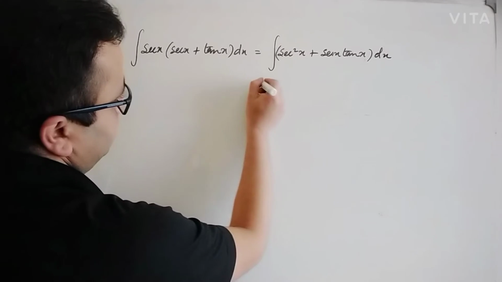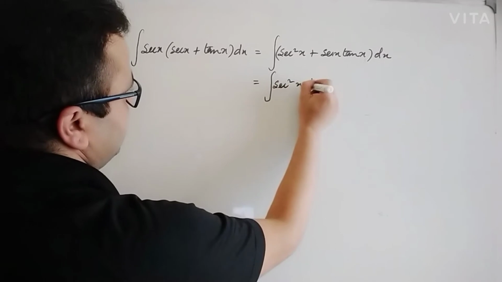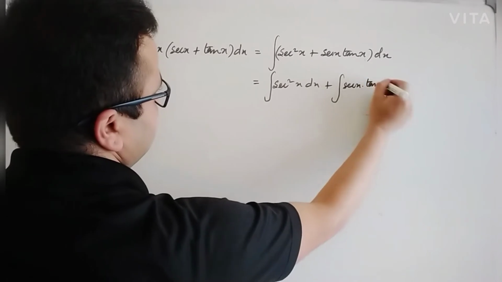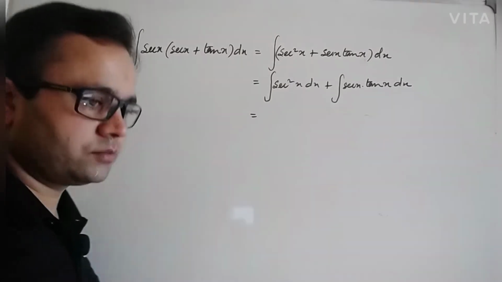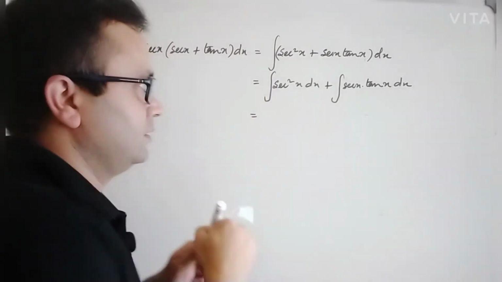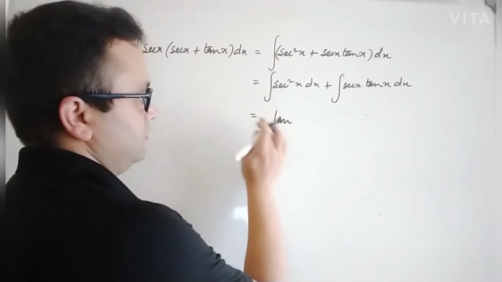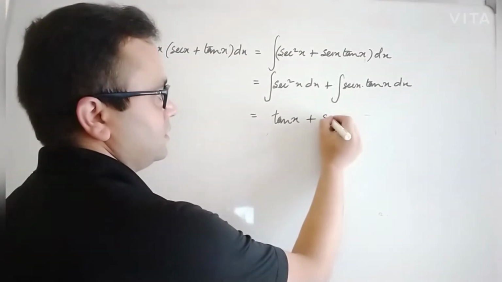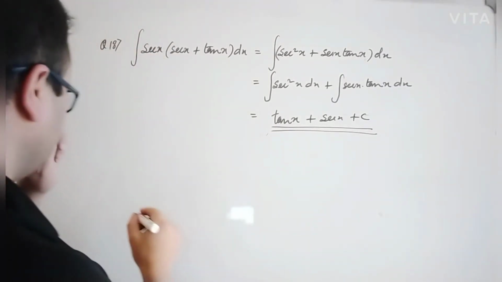Now separate this: sec square x dx plus the integration of sec x tan x dx. Now the integration of sec square x is tan x. So this is tan x plus the integration of sec x tan x, which is sec x, plus c. Now this is the answer of question number 18.